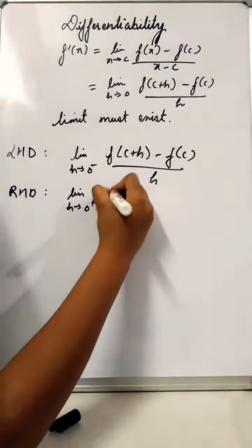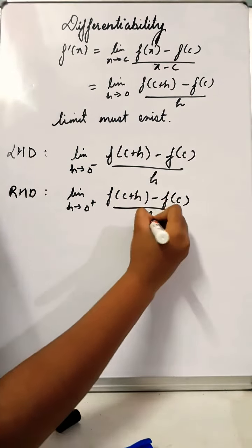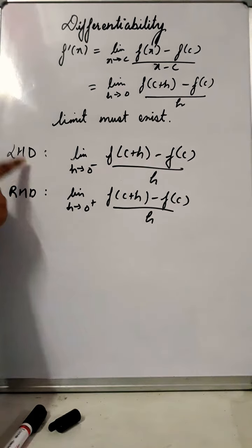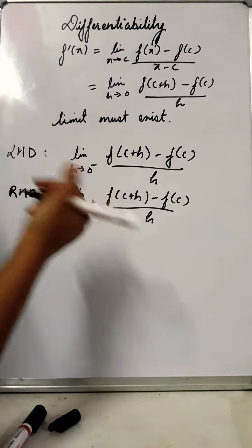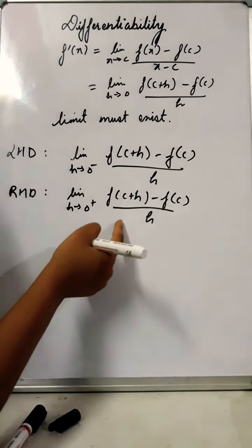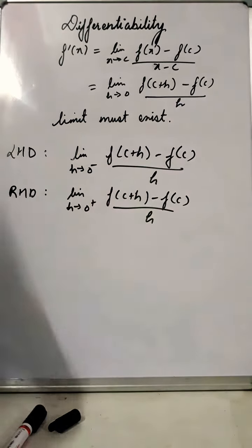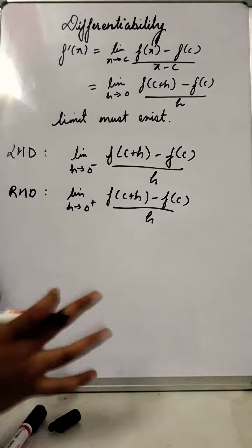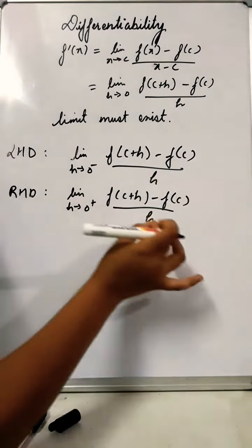The major difference here is that in the left hand derivative case, you are approaching this point from the left hand side, and in the right hand derivative you are approaching from the right hand side. So ultimately your function is going to be changed in most of the cases. We will see this through an example. Left hand derivative is like this, right hand derivative is like this.